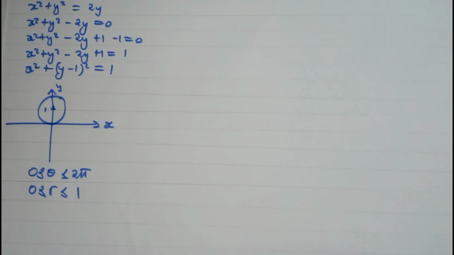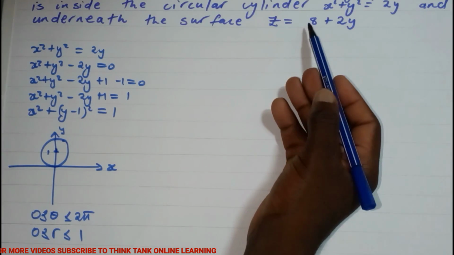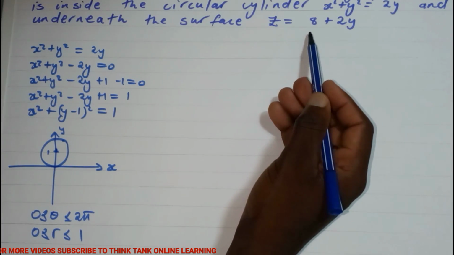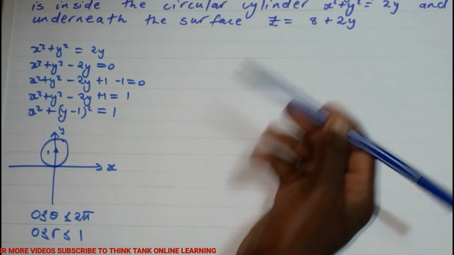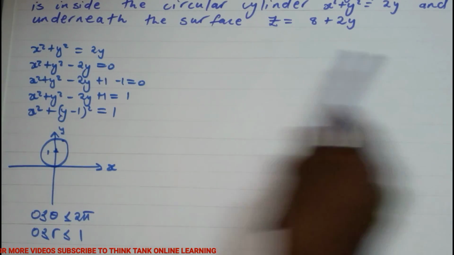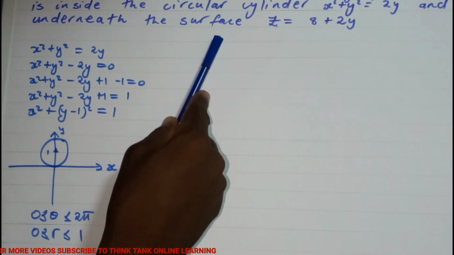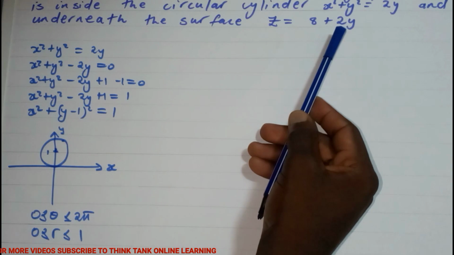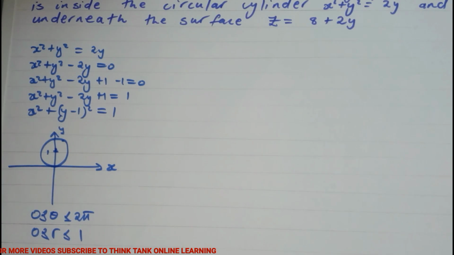Now we go to the plane. If you look at this plane, these are the z limits. The region is underneath the surface, so the surface is the upper limit of z, and the lower limit of z is equal to 0.